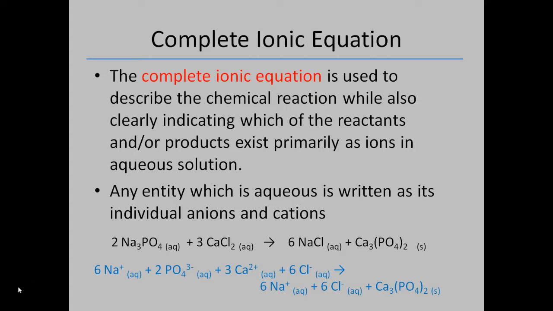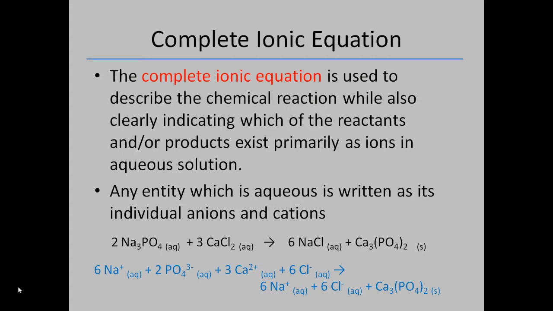Each sodium phosphate produces 3 sodium ions, so I will get a total of 6 sodium ions. Each sodium phosphate that dissociates gives me 1 phosphate ion, sorry, and I have 2 of them that dissociate, so that's why I have 2.